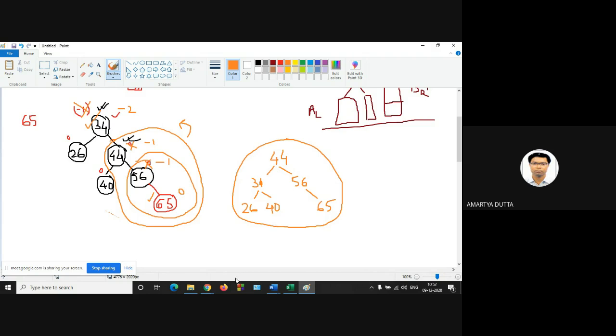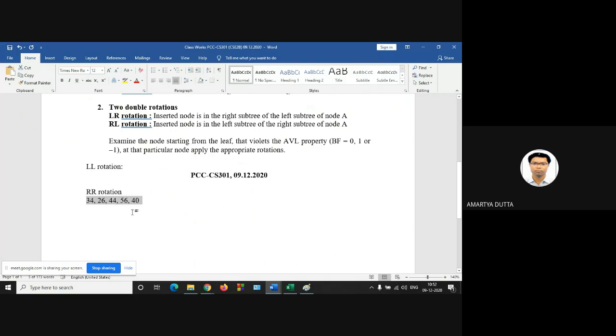Next, double rotations. We have to discuss the double rotation, LR rotation. So LL and RR, these two rotations are called the single rotation, and LR and RL are called the double rotation.